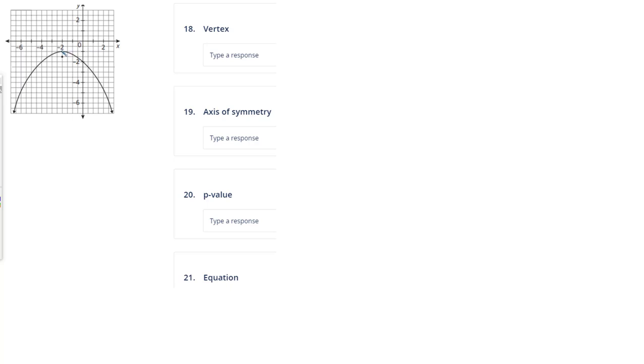So this next one, my vertex is here. So where's that vertex at? It's -2, -1. Axis of symmetry, is it x equals or y equals?